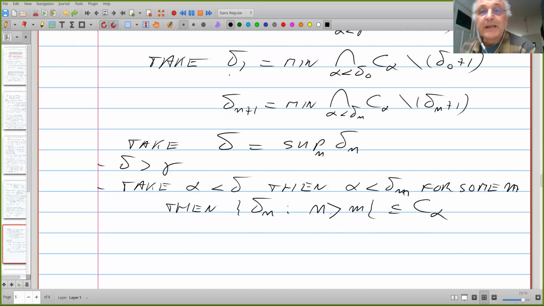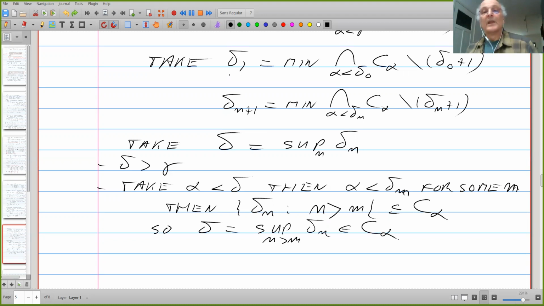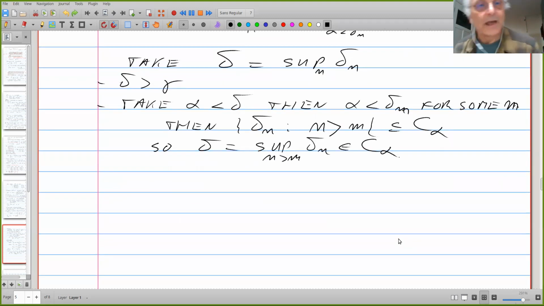For every n bigger than m, delta n belongs to C alpha. Okay, so delta belongs to C alpha, and that is what we want to have. Our diagonal intersection is again closed and unbounded.